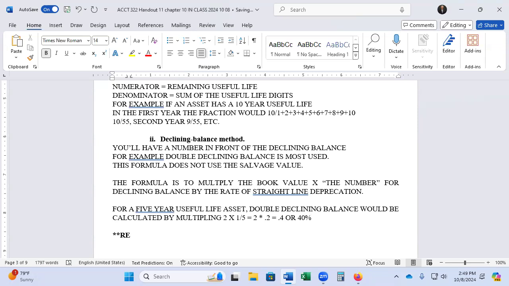Now, another reminder, do not depreciate below salvage value.